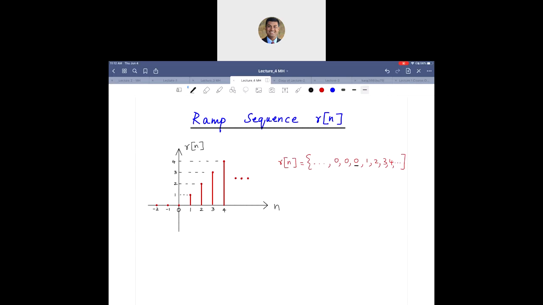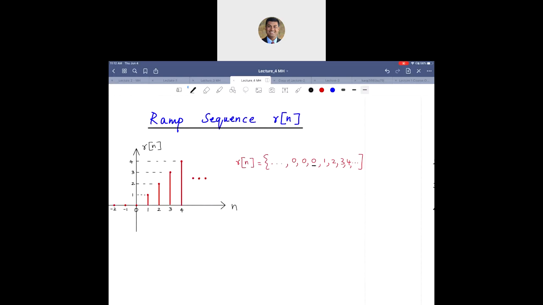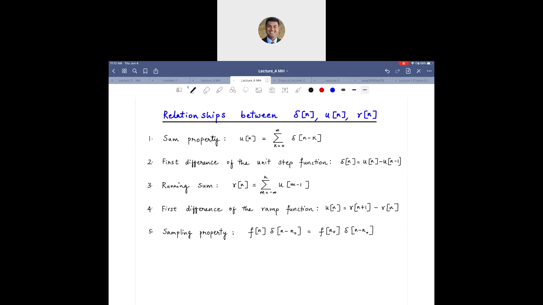Now, using what we have learned about unit step sequence, unit impulse, and the ramp sequence, we can talk about 5 different relationships between those 3 things. These are summarized on this slide, and as we go on in this lecture, we will be proving some of them, looking a little bit deeper into some of them as well.